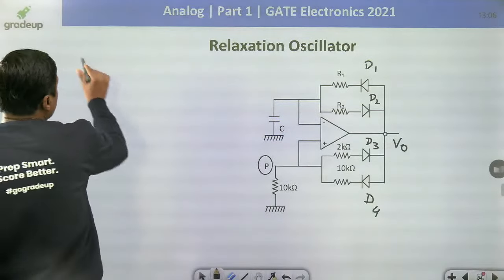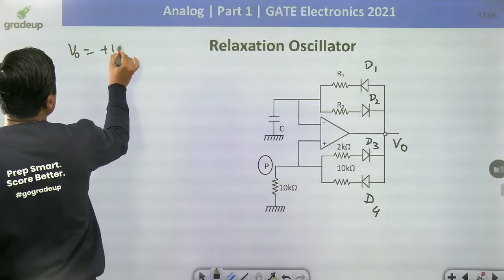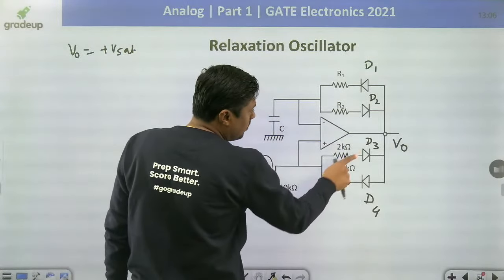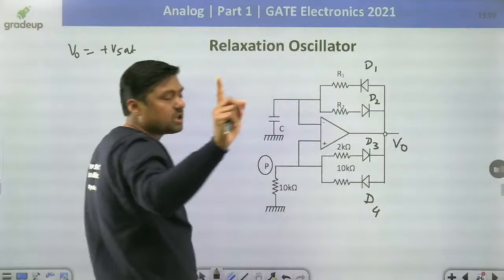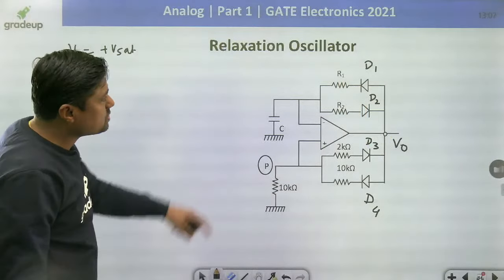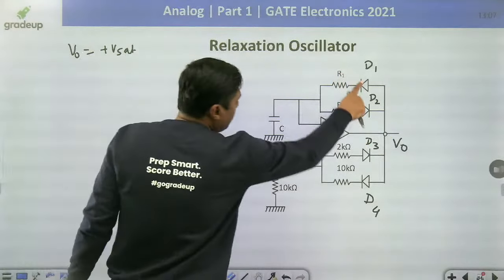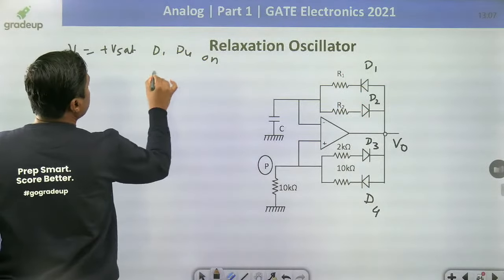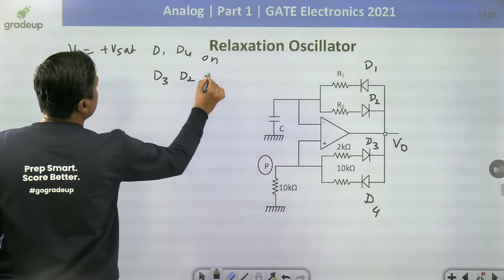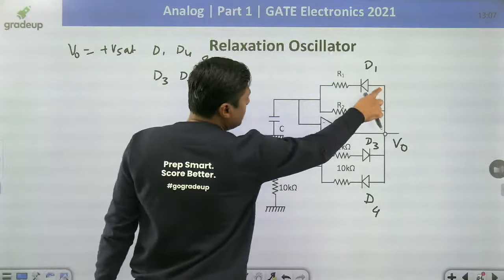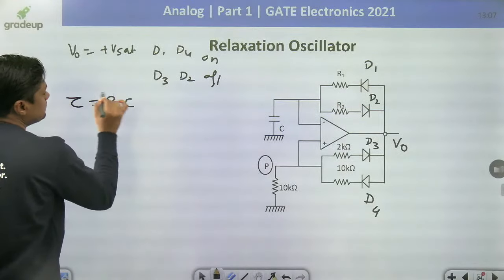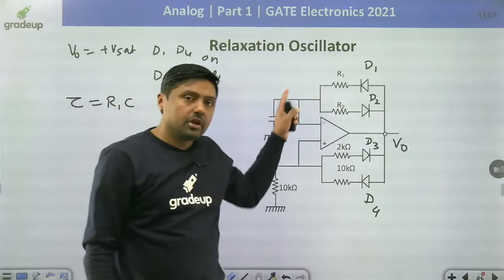Always remember, there is positive feedback. Positive feedback is dominant. The output has two levels, plus Vset and minus Vset. If it is plus Vset, diodes D1 and D4 are on, and D3 and D2 are off. Then the capacitor will charge through this path, and the time constant will be R1C.